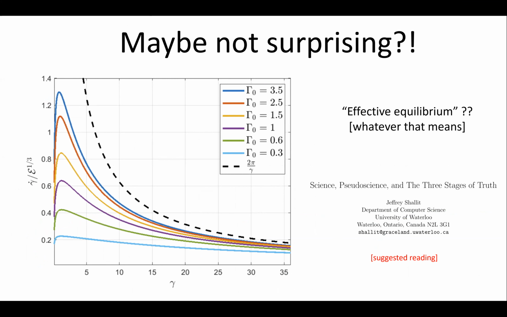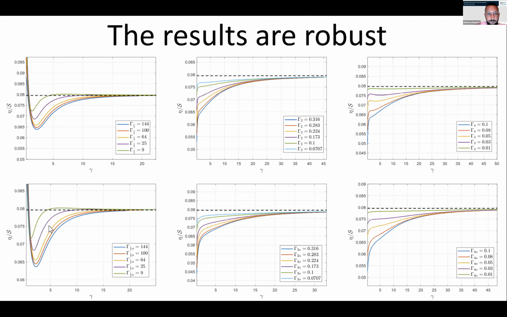So gamma is what? What is the meaning of gamma? This gamma here, the gamma on the x-axis. Yeah. So that gamma on the x-axis, let me go back, is this one.